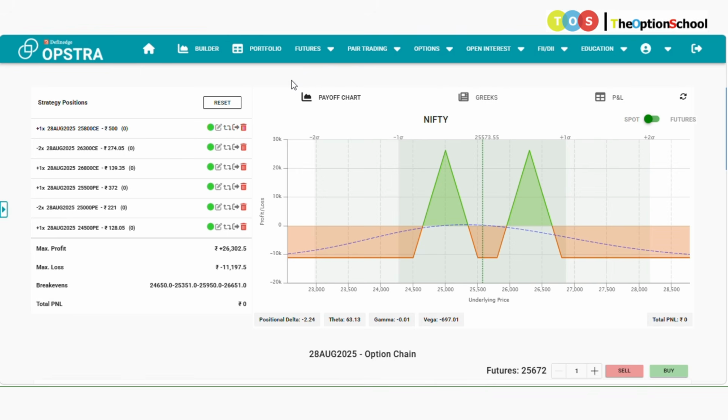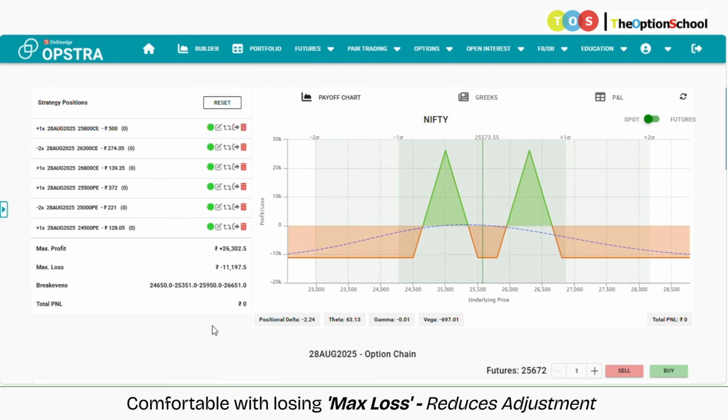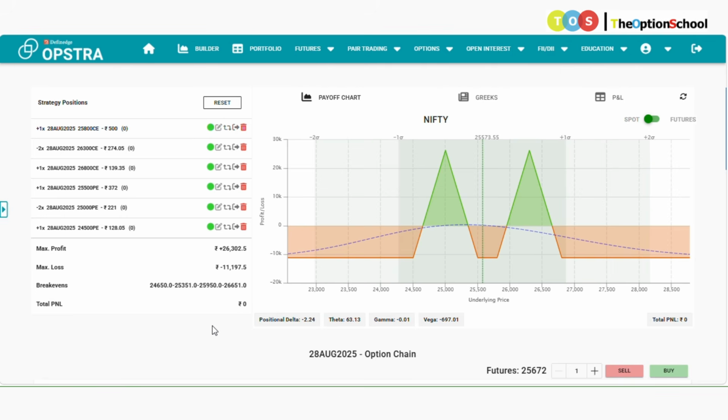Now, in these two butterflies, my maximum loss is 11,000. So when I'm starting a trade, I am comfortable with losing 11,000 rupees so that I do not do any adjustments. If I do any adjustments, this 11,000 loss can become bigger also. There are adjustments available which can reduce this 11,000 to maybe 3, 4,000 only.